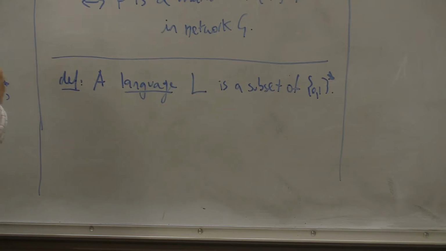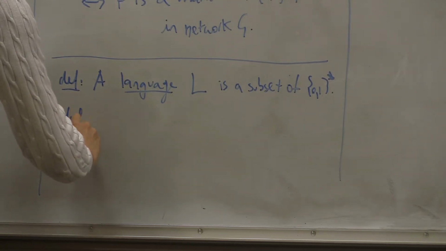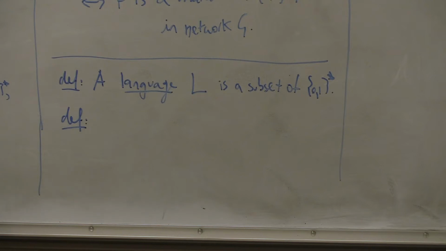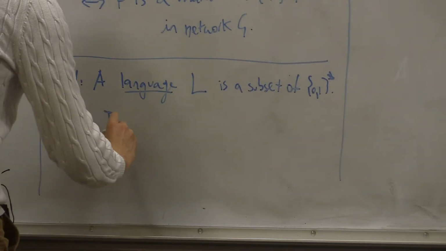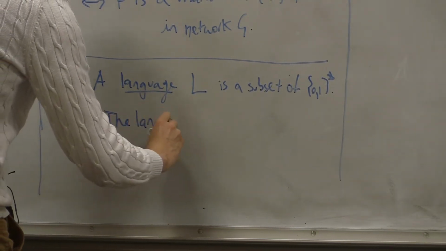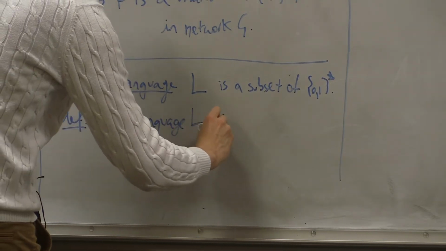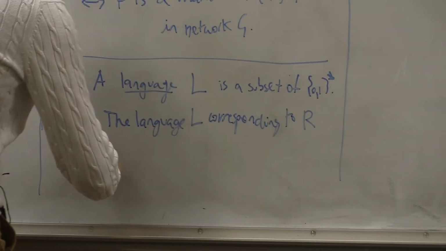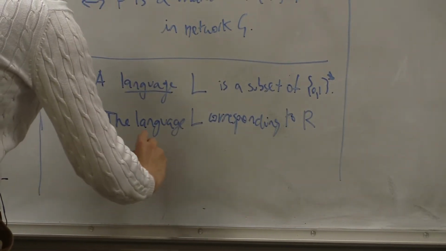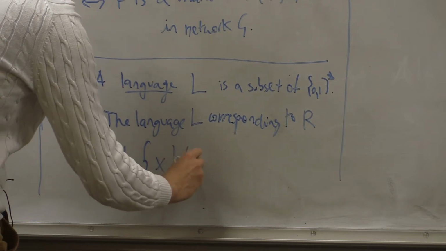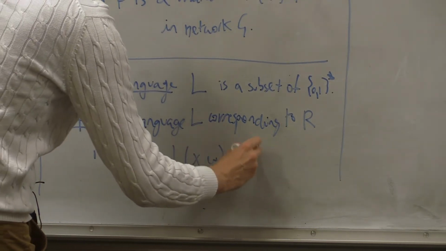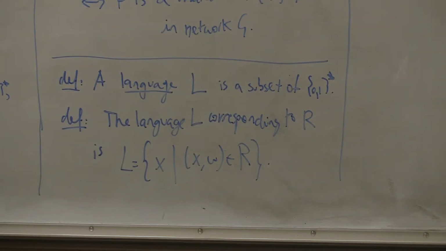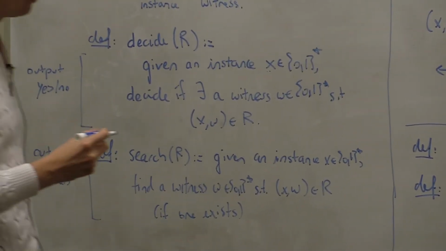And anytime you have a relation, the relation defines a corresponding language. So the language L corresponding to R is the set of x such that (x, w) is in R. So the language corresponding to a relation basically corresponds to all the so-called yes instances, all the x's for which there is a w.